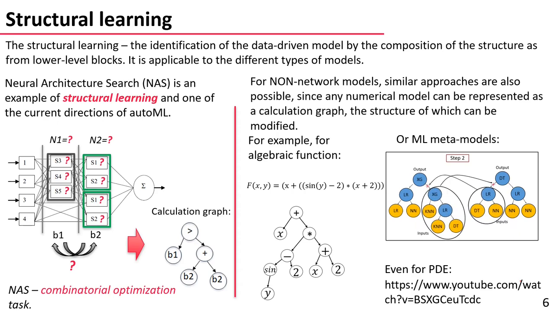It can be considered a combinatorial optimization task, but structural learning can also be applied for non-network-based models, for example, for composition of algebraic functions, for partial differential equations, for ensembles of machine learning models, or pipelines of machine learning models. So this concept can be adopted for different types of models, including composite ones.